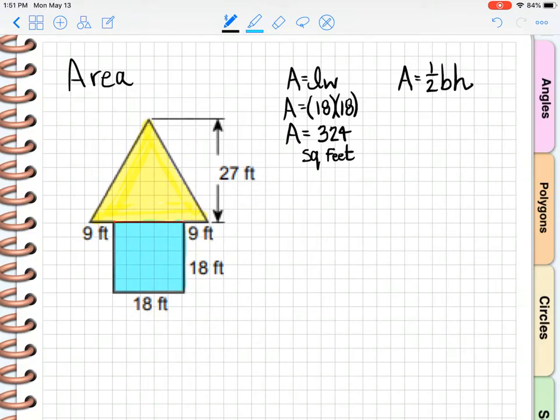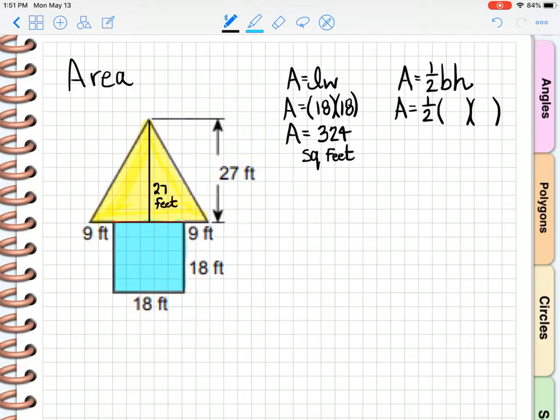Okay, to get the triangle, we need to know base and we need to know height. Well, usually height's the one that I have to work for, but in this case, it's giving me the height. It's 27, and if it helps you to go ahead and draw it in there, that's fine.